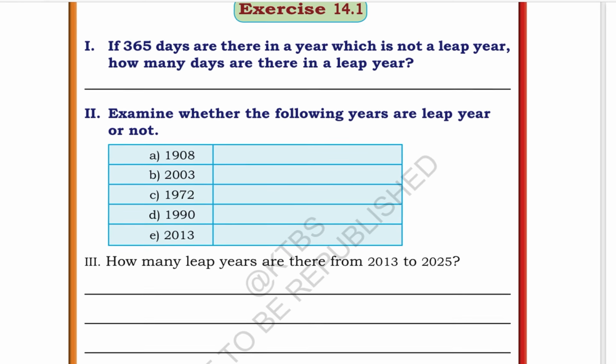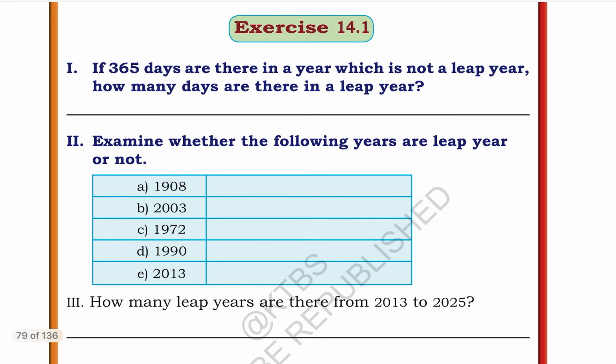Come to exercise 14.1. If 365 days are there in a year which is not a leap year, how many days are there in a leap year? 1 day extra, 366 days. Examine whether the following years are leap years or not.